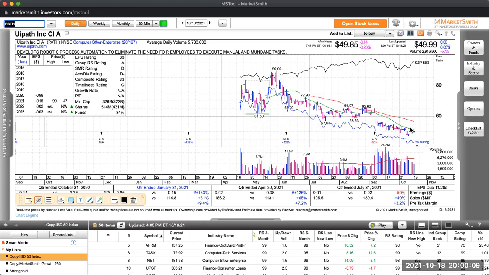When the demand goes away, I think this is going to be a very good company, but I'm going to wait for it to form that cup or rounded bottom or whatever pattern that is. And when it breaks out, that's when I'm going to get in. But fundamentally, this is an American company.